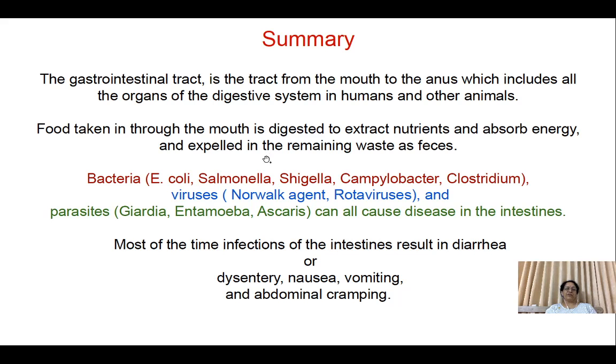In the bacterial category, E. coli, Salmonella, Shigella, Campylobacter, Clostridium, and Vibrio are included. While in the virus category, the important ones are Norwalk agent, rotaviruses causing rotaviral diarrhea in the patient, as well as various types of hepatitis viruses, among which hepatitis A and hepatitis E you have to consider first.